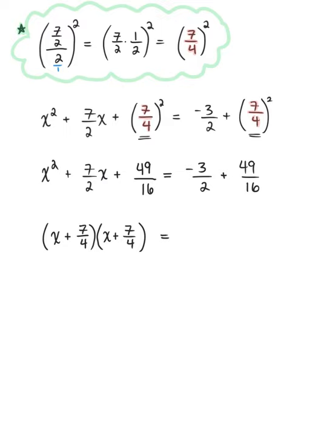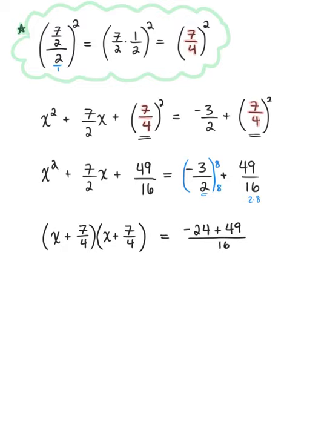So we know that 16 is 2 times 8, and the other denominator has a 2 in it. So let's multiply this first fraction, the numerator and denominator, by 8. So this will leave us with negative 24 plus 49, all divided by 16.